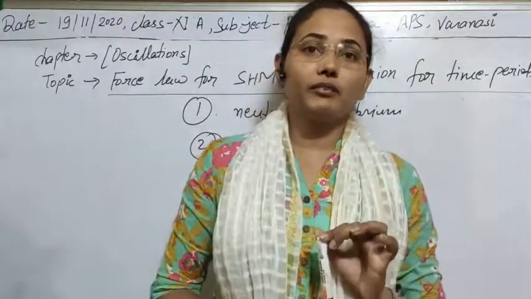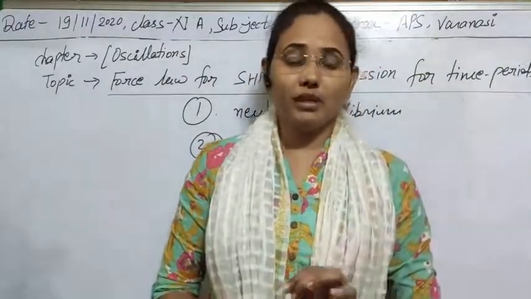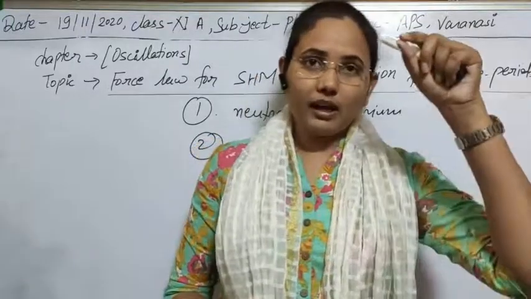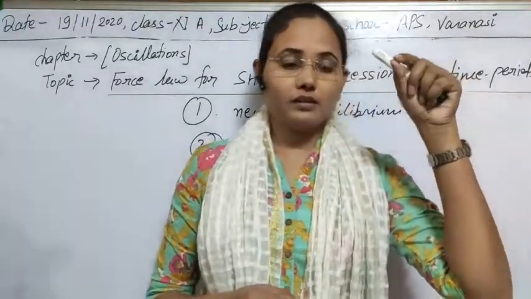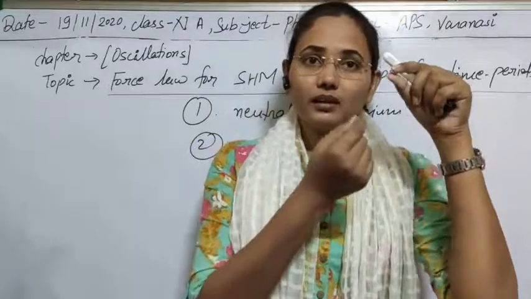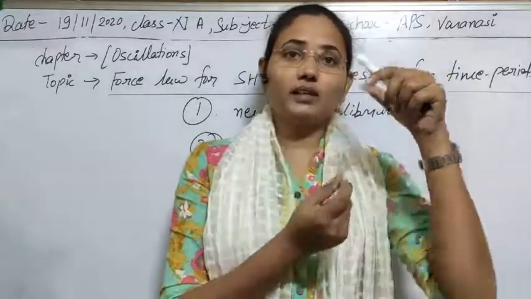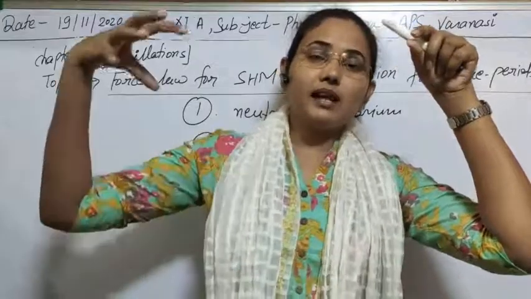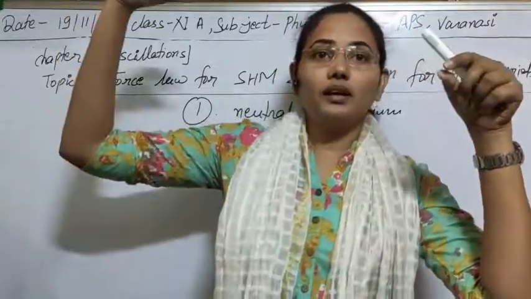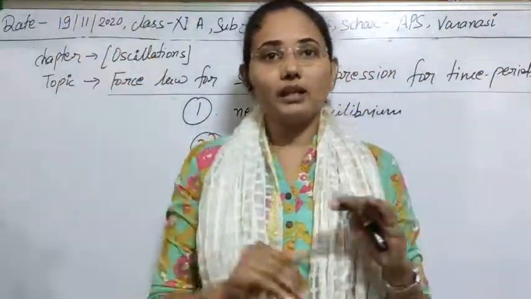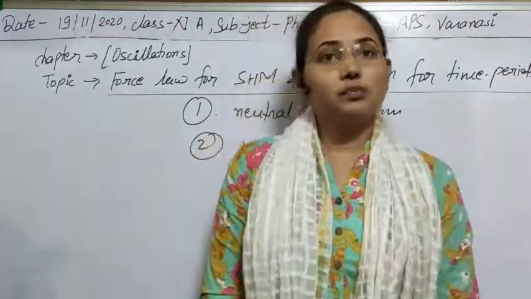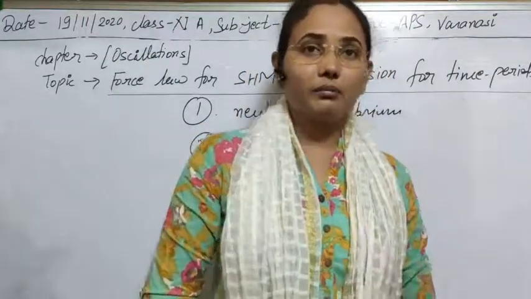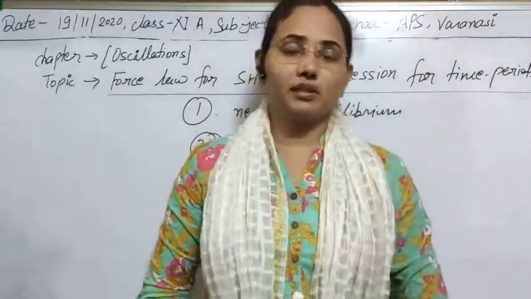Such a type of equilibrium is unstable equilibrium. Suppose we have tied a stone with a thread, and the stone is very heavy and we displace it, then it will go in the direction of the displacement and will not return to its mean position. Such a type of equilibrium is unstable equilibrium.